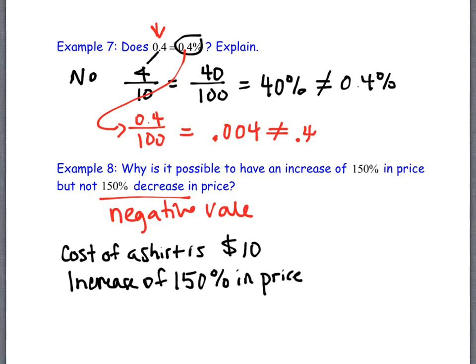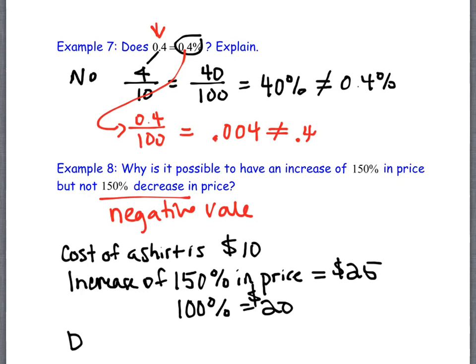Well, if they increase the price by 100%, what would they give you? Yeah, it would be $20 if you increase it by 100%. So if you increase it by 150%, what's it going to end up being? 25, right? You increase it by 100%, that's another $10, so you get 20, and then increase it 50% more, it's another $5.